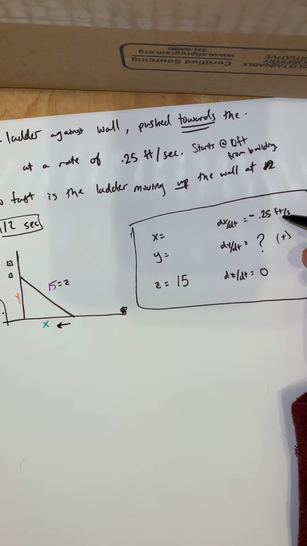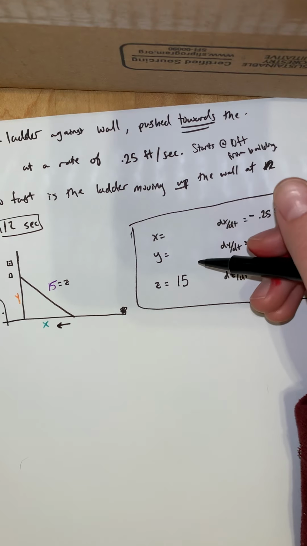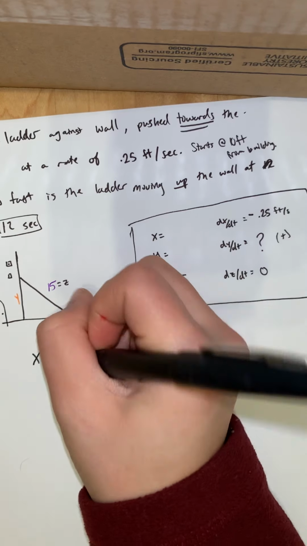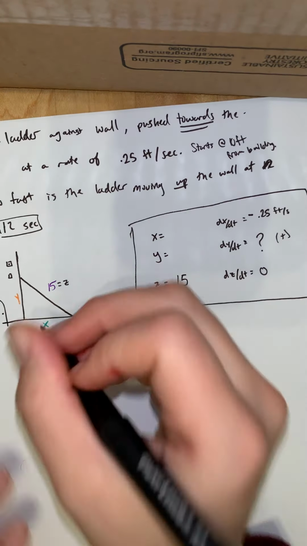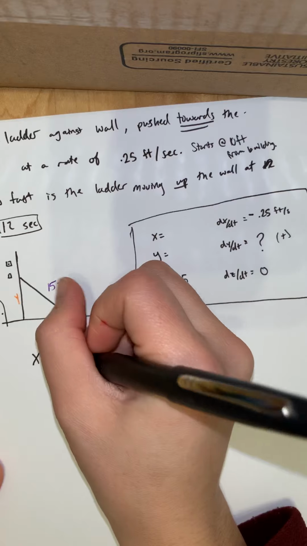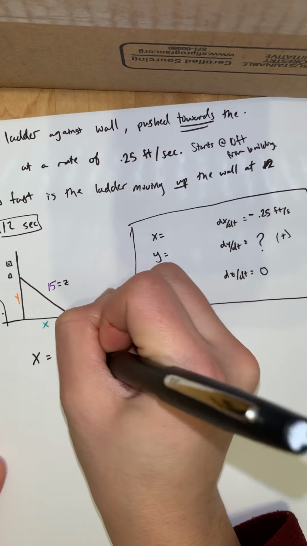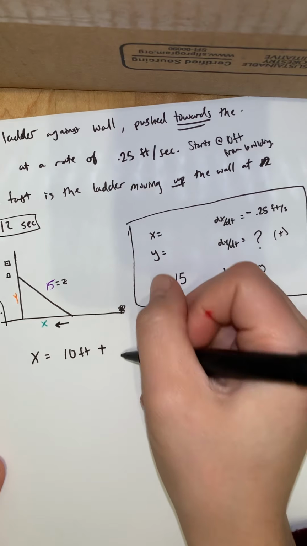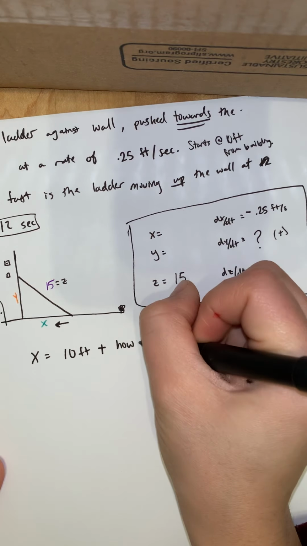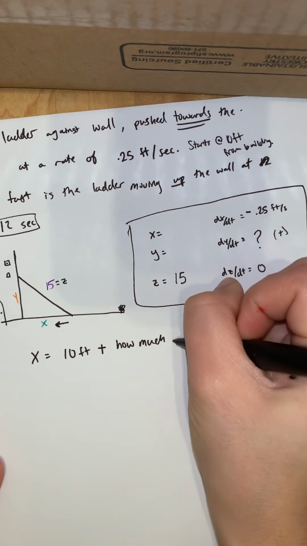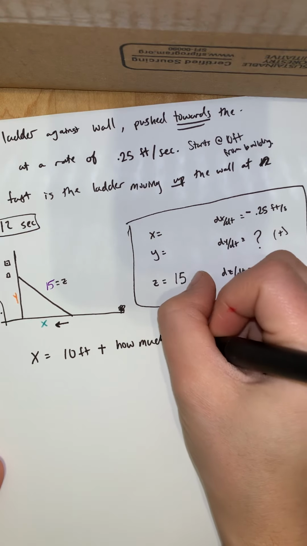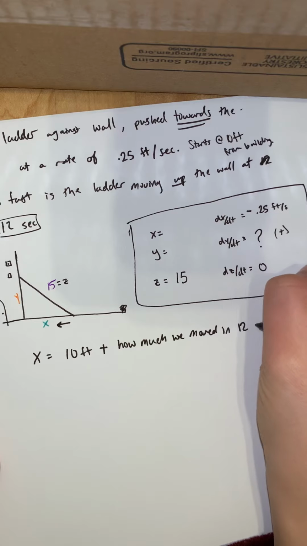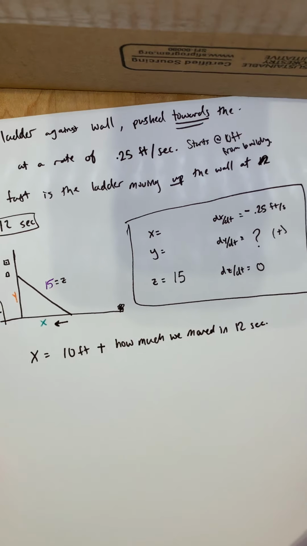All right, now let's find what x and y are. To find x, I'm going to use the rate of change. I know that I start off at 10 feet plus however much we moved in 12 seconds.